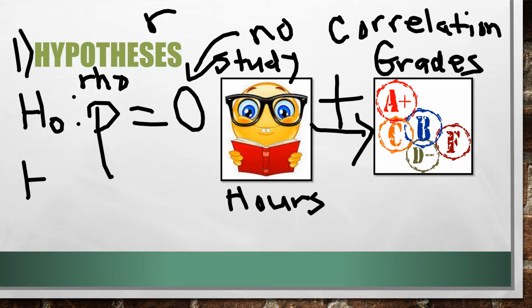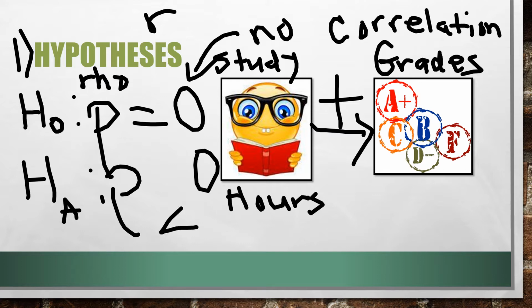And then our alternative hypothesis, or our research hypothesis, is going to be rho, which is our population correlation. We're going to have 0 here as well. But then, like some of our other tests, like back when we did a t-test, we could have less than, greater than, or not equal to. We have the same thing here.